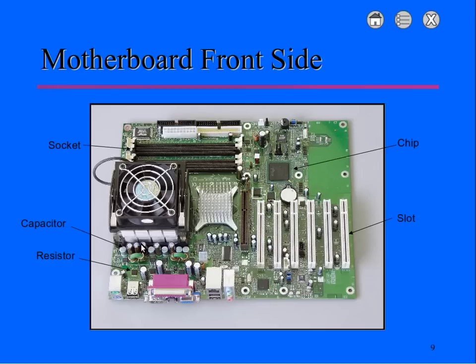You will notice some little can-shaped objects called capacitors that are used to filter the electric power, and other various components, resistors and individual transistors and regulators mounted in different places, and then connectors for power and connectors for the hard drive and CD drive, perhaps a floppy drive, and of course power to the motherboard.